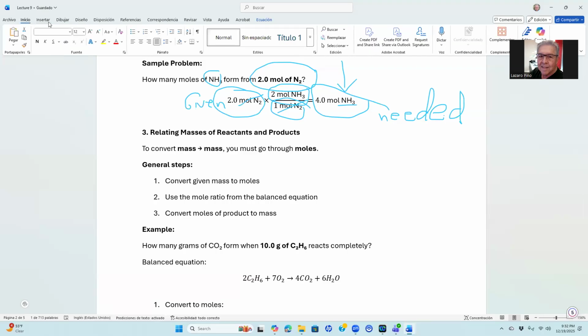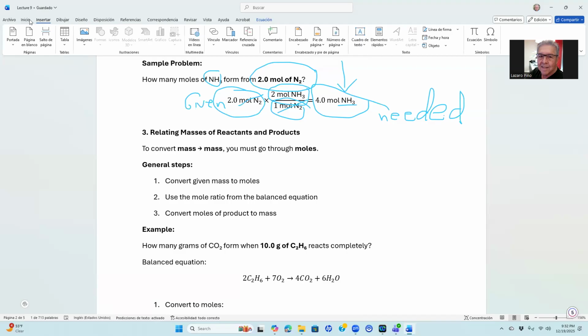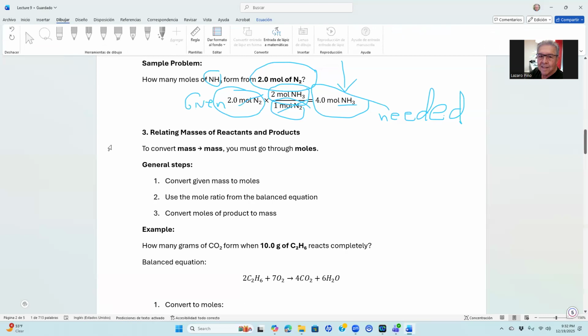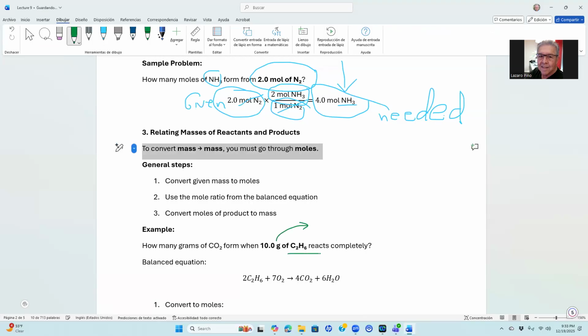As you could see, you first have to convert the mass of the given compound into moles, then observe the ratio of the compound in the chemical equation.